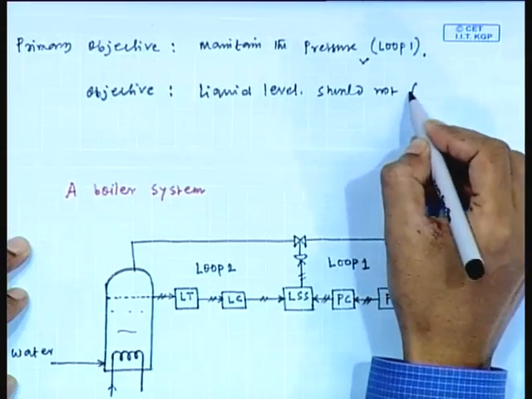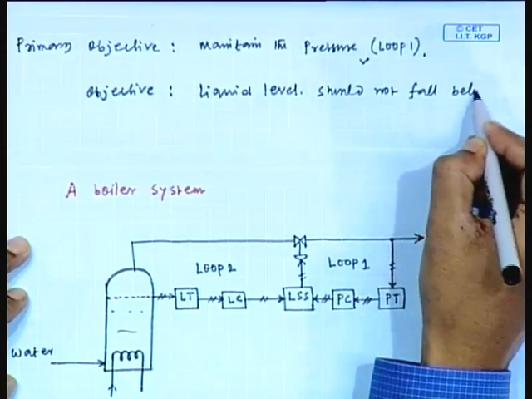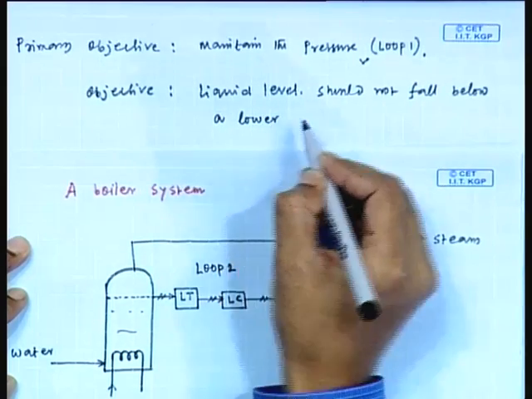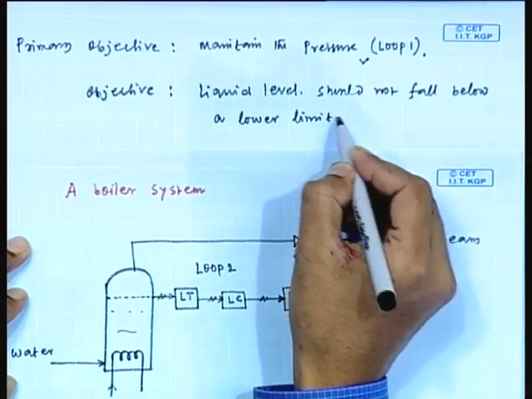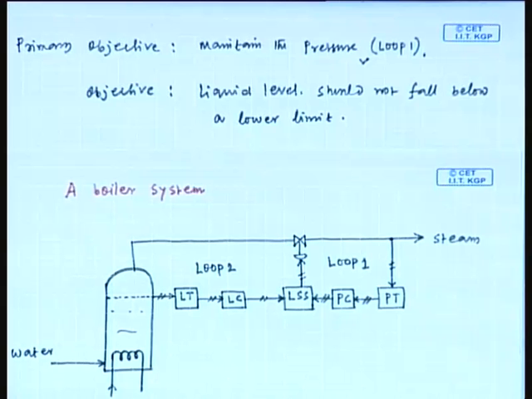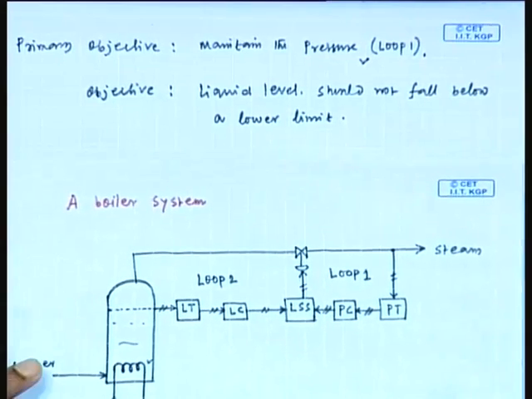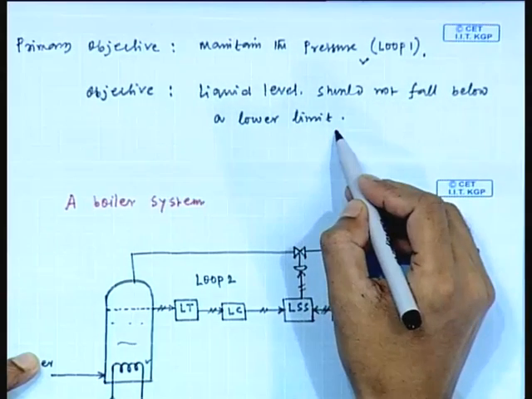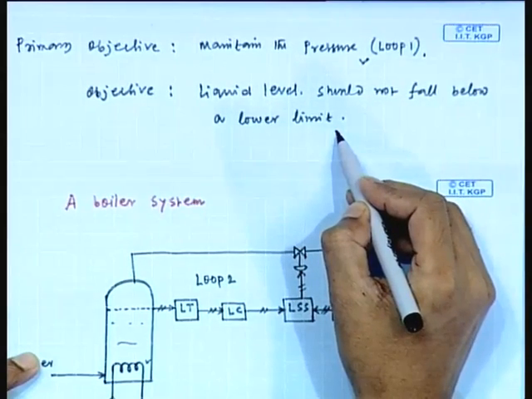Purpose is to keep this heating coil immersed in water, otherwise the coil burns out. So, our purpose is to maintain the lower limit for the liquid level.